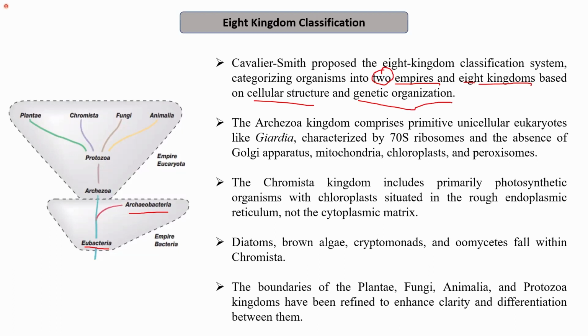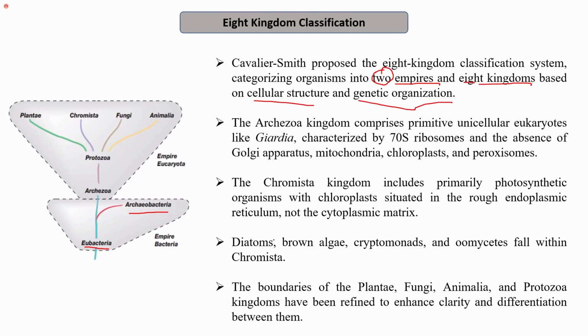just like the 6 kingdom classification. But with the advancement, we have understood better about the sequencing methods and other genetic tools. Therefore, this provides a broader and more detailed system of classification of biological organisms.